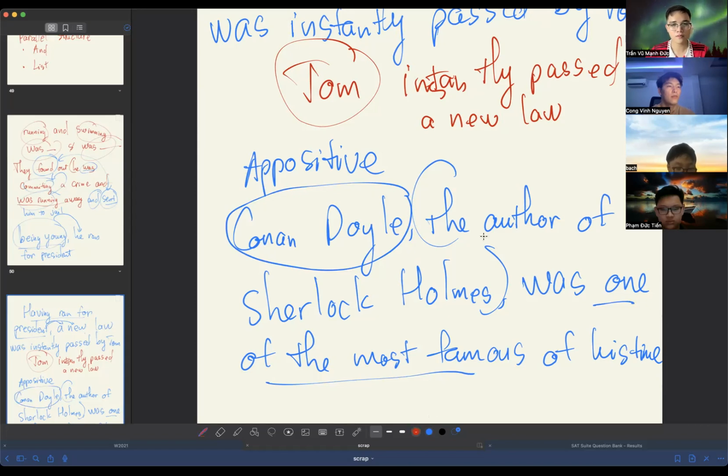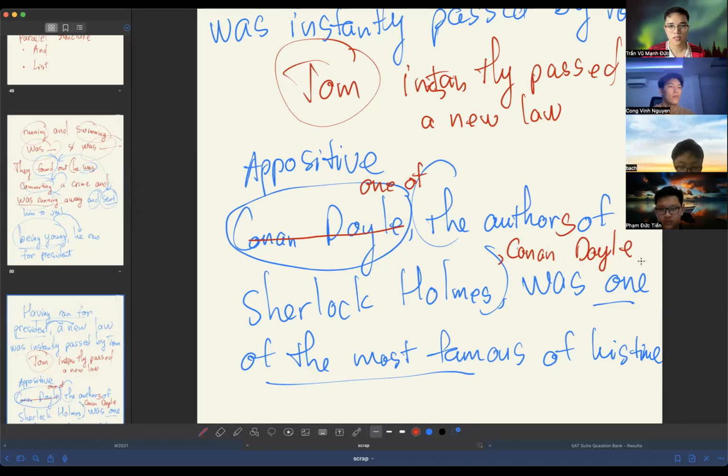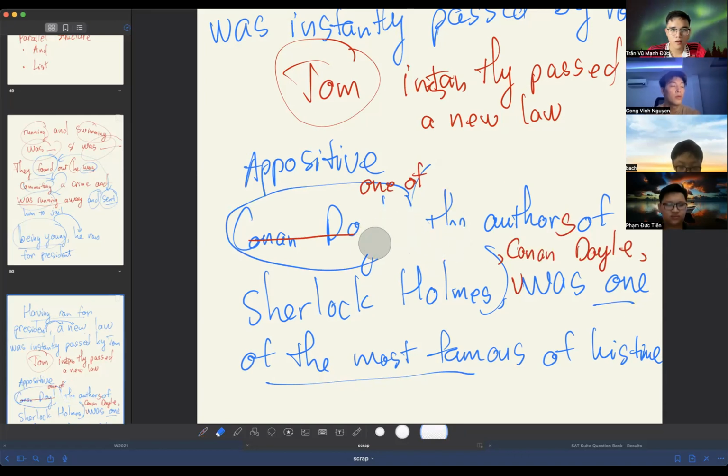But if I say it the other way around, "the author of Sherlock Holmes and Conan Doyle," for example, let's assume Sherlock Holmes has a lot of co-authors in it, and I say Conan Doyle. Can I put commas here, or can't I? No, we can't remove that.